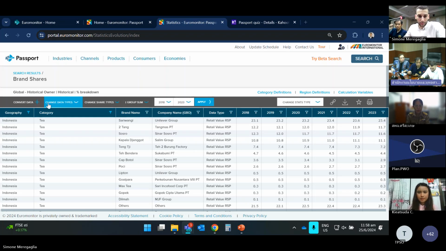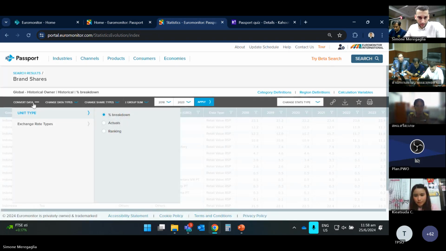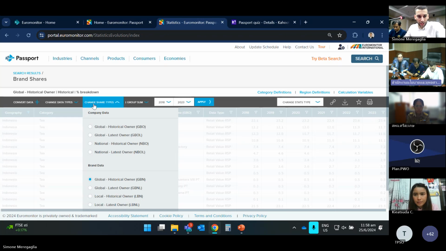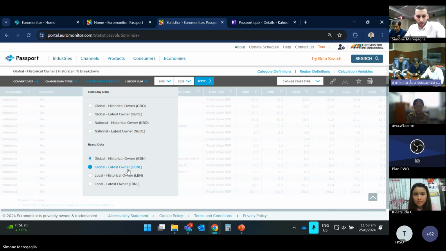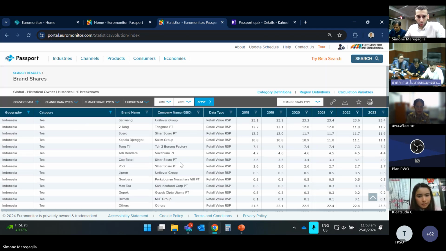And you can do that by clicking on change data type, to convert data, on change share types. And then you look at local owner. But for the case of this example, I just stick to global brand owners, just to share with you what it is. And then you will see what the top brands are and which companies they belong to.